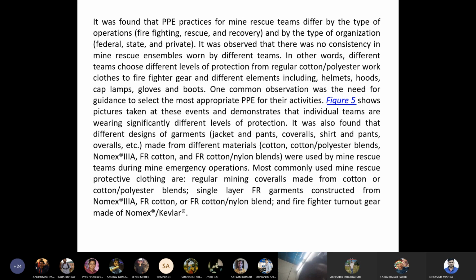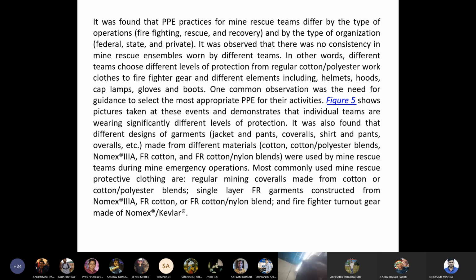One common observation was the need for guidance to select the most appropriate personal protective equipment for their activities. The next figure shows pictures taken at these events and demonstrates that individual teams are wearing significantly different levels of protection.